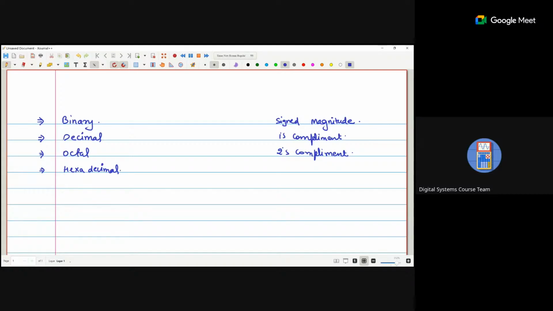So mainly the four types of number systems, and these are the representation of negative numbers.